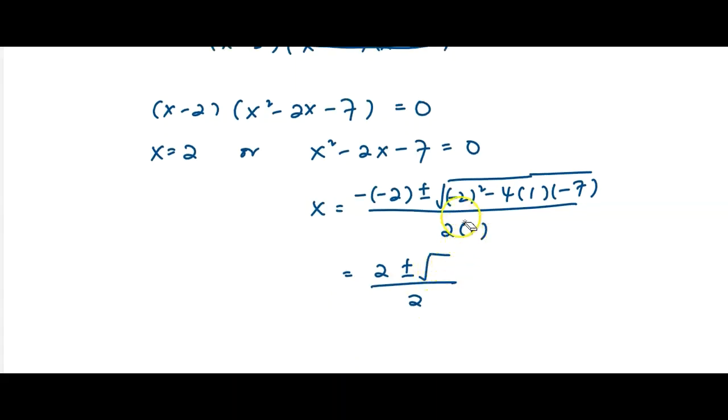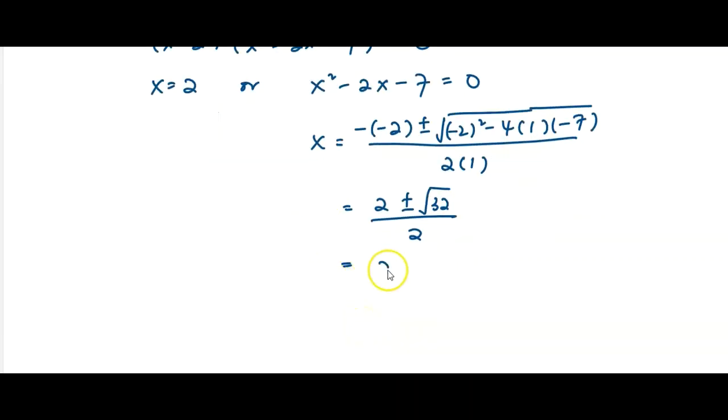So this will not be 15. Oh, sorry, this is 28, right? It should be 32. And you can simplify it by simplifying the surd of 32. 32 consists of 8 multiplied by 4, so it will be 2 square root of 8, and then divided by 2.